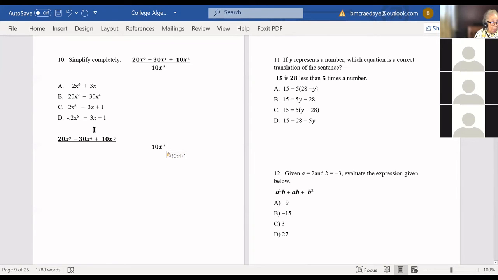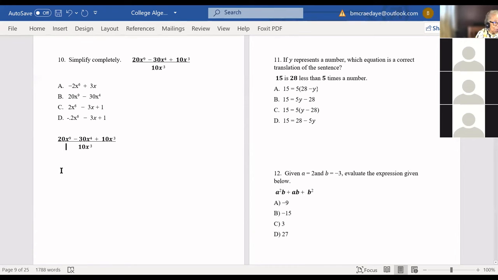Okay. So number 10. You could factor out the 10x to the third.